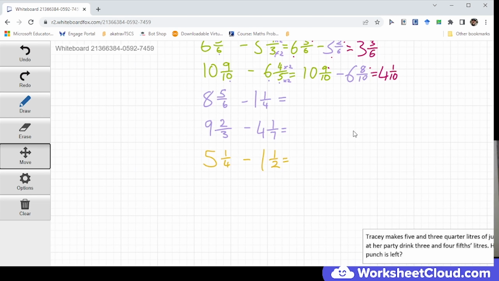So I'm just going to, on the side, notice. So I do see that if I did 6 times 4, I'd get 24. And 24 is a number that they both go into. But it's not the smallest number that they both go into. So I'm going to jot down the times table for 6: 6, 12, 18, 24, and 4: 4, 8, 12. And that's when we notice that actually the lowest common denominator, the smallest common multiple, is 12.